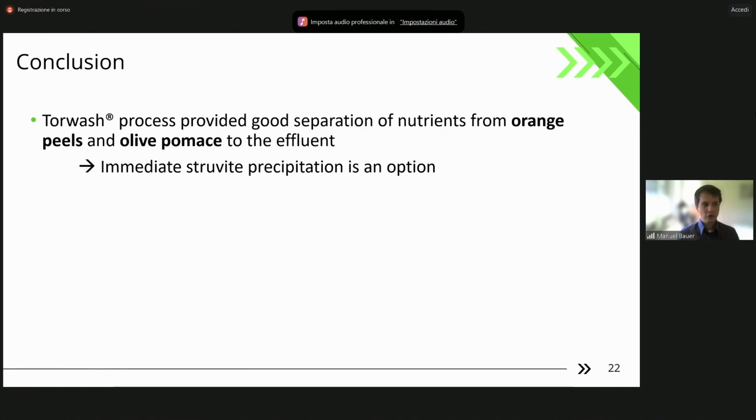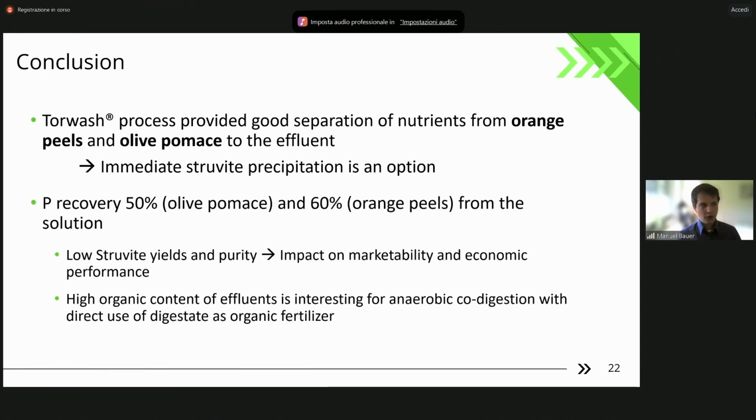For olive pomace and orange peels, most of the interesting nutrients, or phosphorus at least, and potassium were in the liquid phase, so there was a good separation, and immediate struvite precipitation is an option. However, as you saw, struvite yields and purity are low, and this of course has an impact on marketability and economic performance.